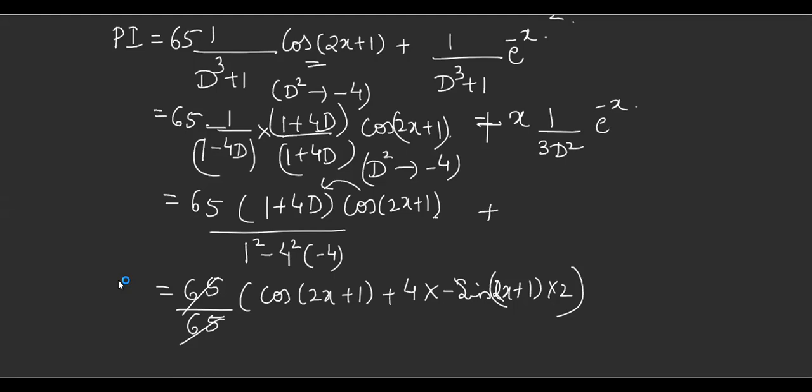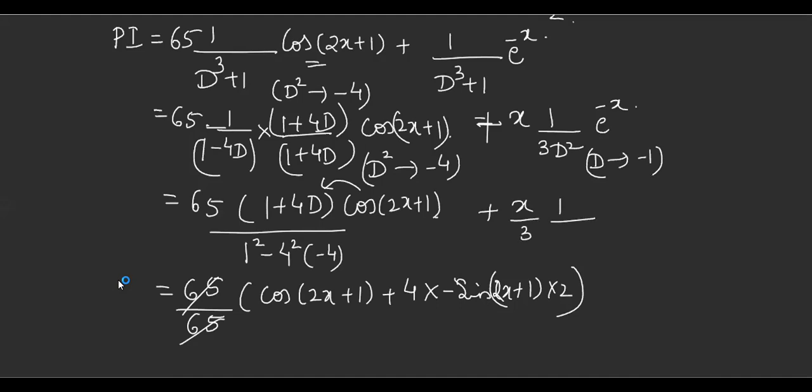See, I told you that 1 upon d means an integration, and 1 upon d square is also integration, but you have to do it twice. You prefer this integration if it is the second case. If it is the first case, it is simple, because you have to replace d by minus 1. So apply this procedure only. This will be far better. Why go for integration? This is x by 3. 1 upon d square is written as what?